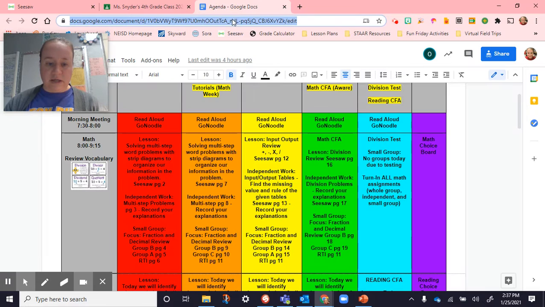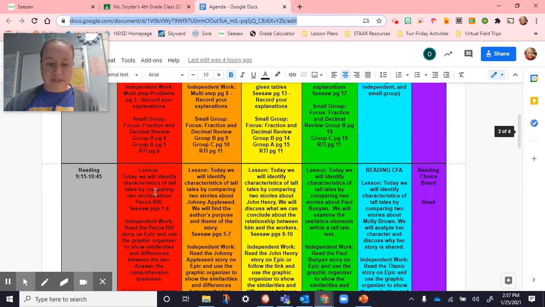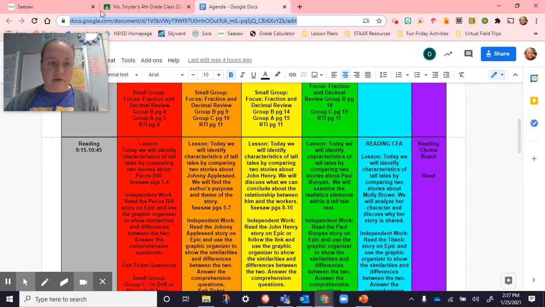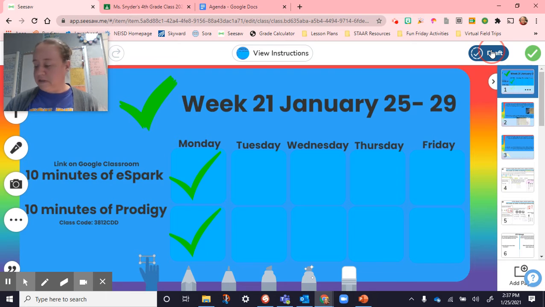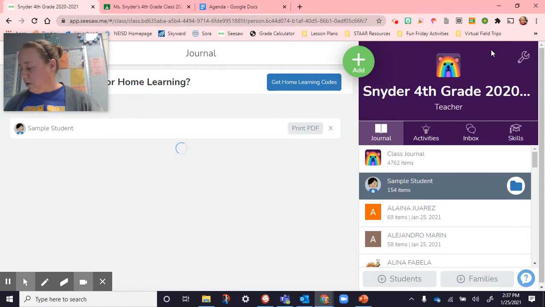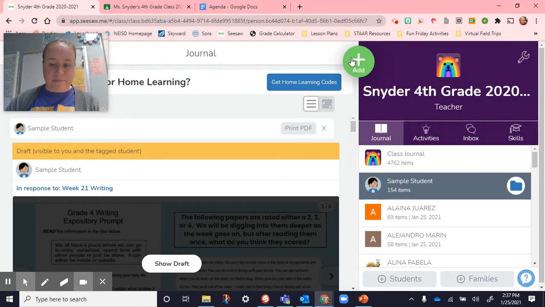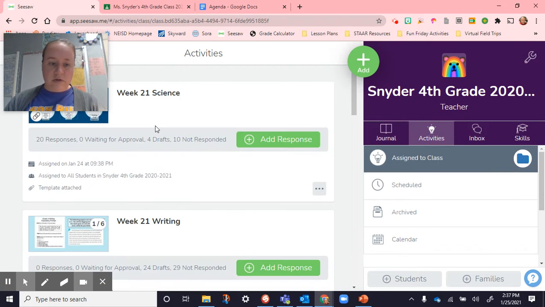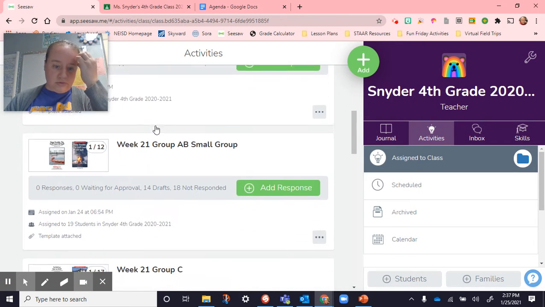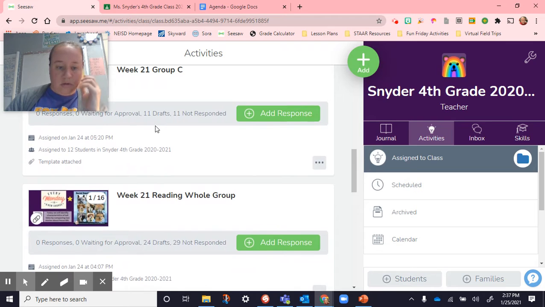All right, so going back to the agenda. In reading today, we started talking about Tall Tales, and that is also in Seesaw here. So go down to reading.